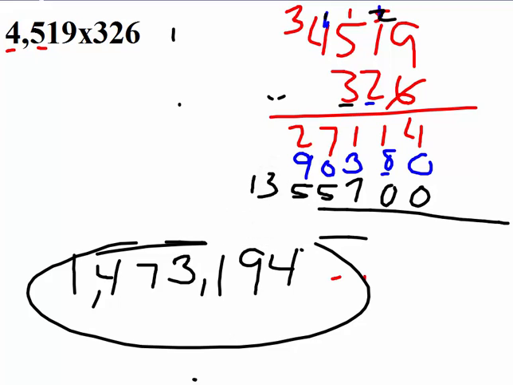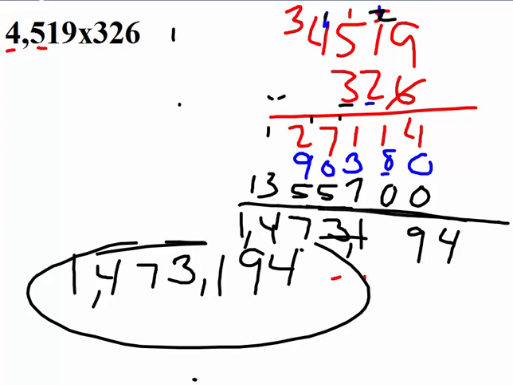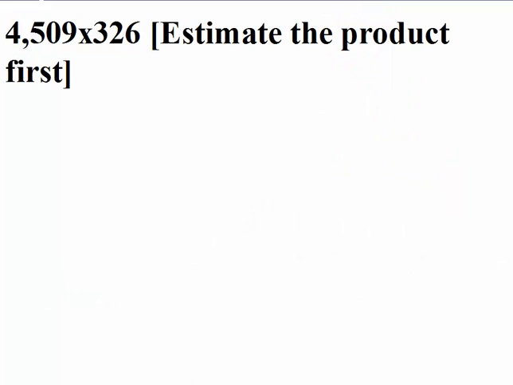So now let's check. I add them up. 4, 9, 1, carry the 1. 3, carry the 1. 7, carry the 1. So notice my answers are the same. They are equivalent.